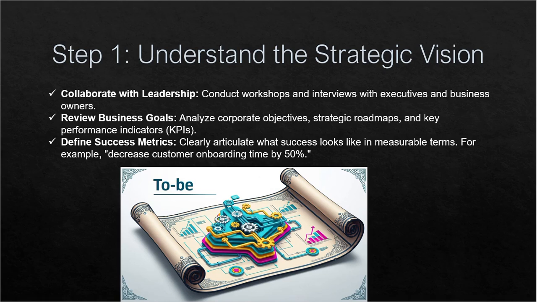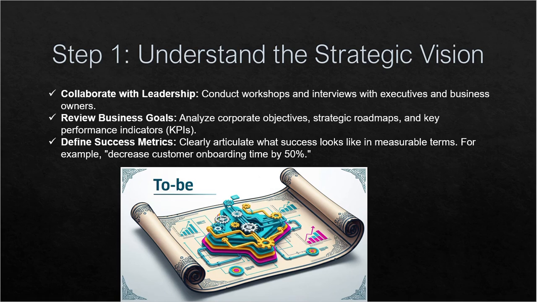We will collaborate with the leadership, conducting workshops, interviews, chat sessions, brainstorming sessions, group discussions and team meetings with executives and business owners to understand their requirements and business needs, and why, after implementing that system or product in the production environment, what goal they are going to achieve and what targets they are going to solve.